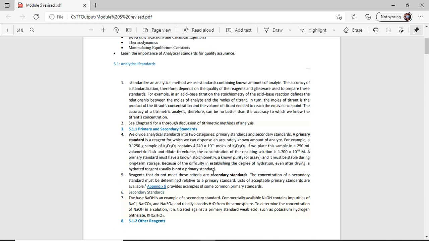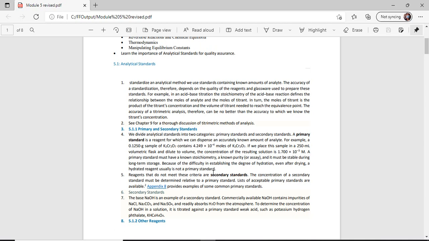A primary standard must have a known stoichiometry, a known property or assay, and must be stable during long-term storage. Because of the difficulty of establishing the degree of hydration even after drying, a hydrated reagent usually is not a primary standard.